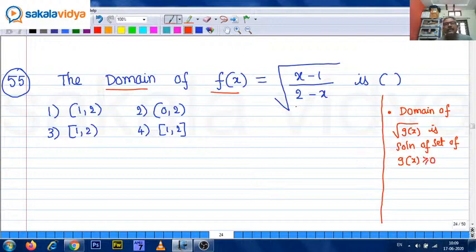And one more condition here: 2 minus x does not equal 0, this condition must be satisfied. That means x should not be equal to 2. So you keep these basic facts.